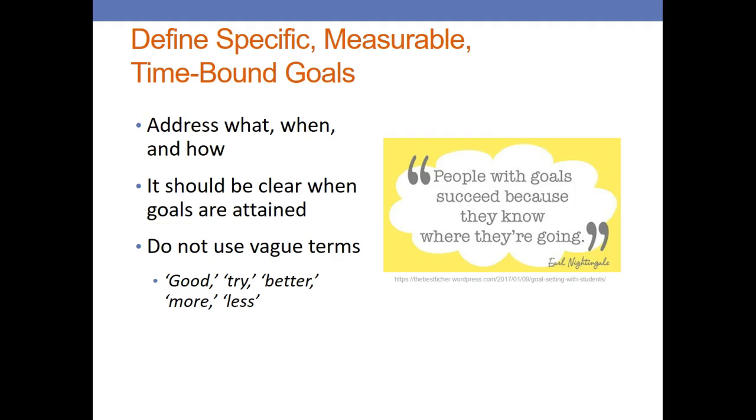So let's break this down a little bit. I put specific, measurable, and time-bound together. They are lumped together as the logistics of this goal. They address the what, the when, and the how. This is so we know very specifically when the goal has been attained, or whether the goal was attained, right? And that should be clear to both the client and to you.